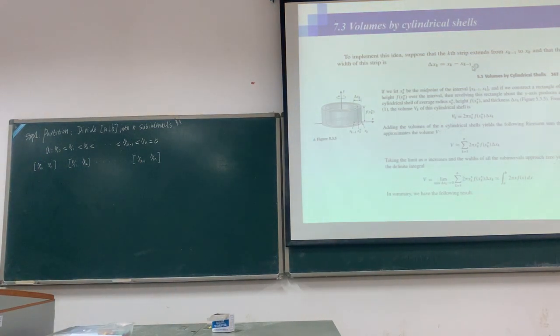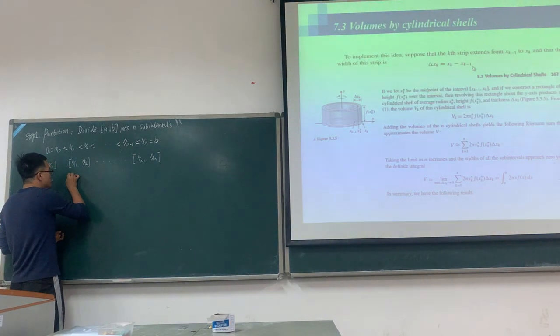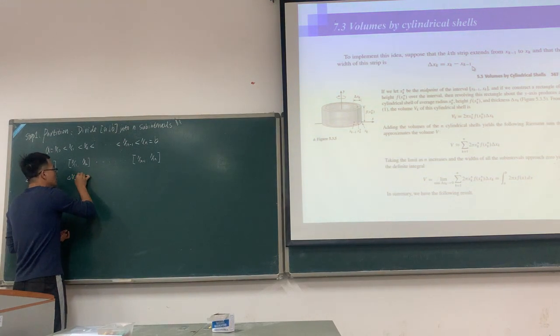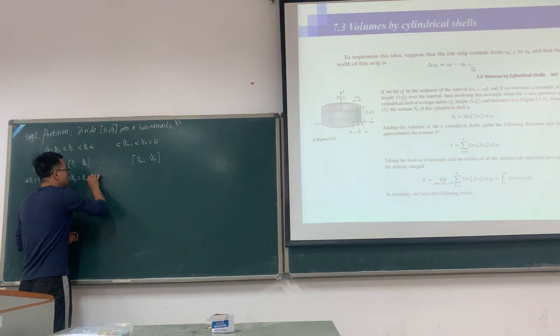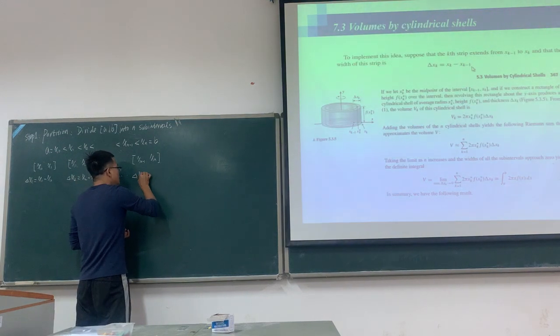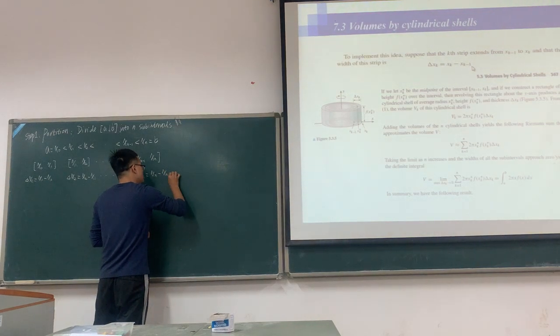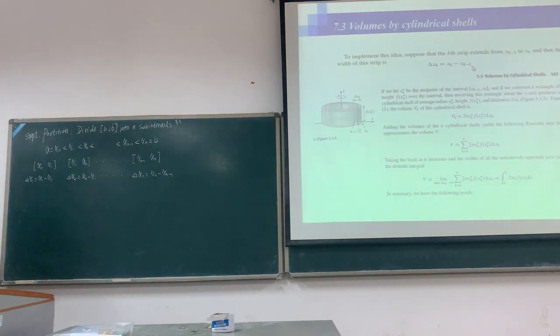For each subinterval we can find the width: delta x1 equals x1 minus x0, delta x2 equals x2 minus x1, and so on, delta xn equals xn minus xn minus 1. So this is the first step.